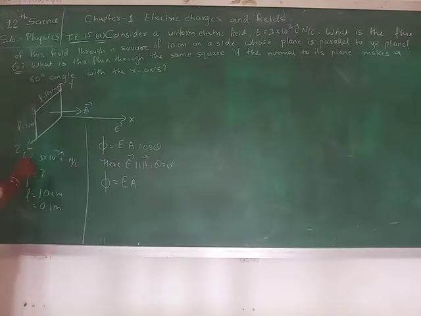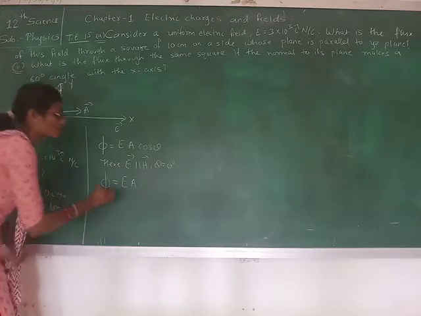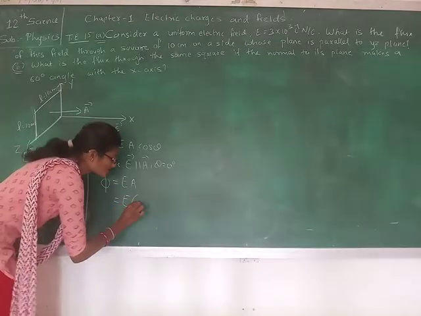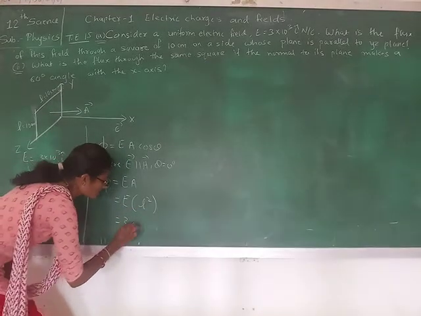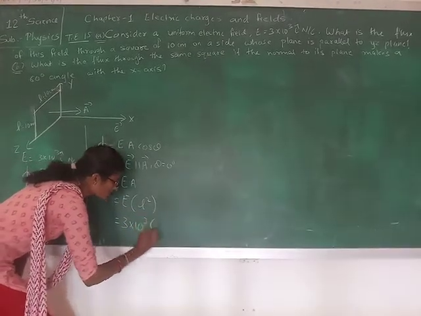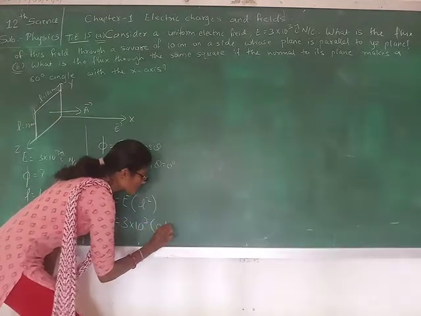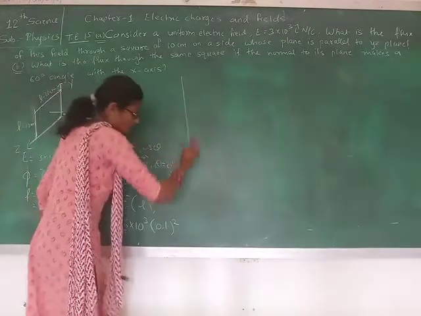You can see here the magnitude is given as 3 into 10 raised to 3. Area is the area of this square, that is length into length, L square. E is 3 into 10 raised to 3, and the length here is 0.1 meter, so 0.1 square is the area of the square.